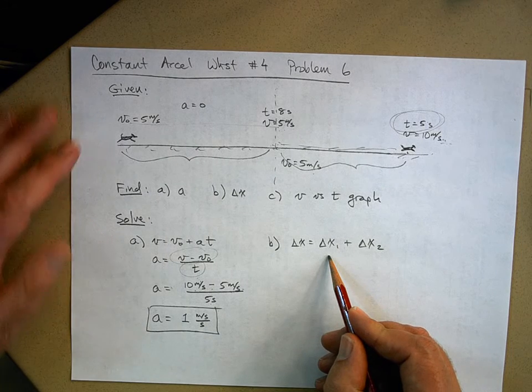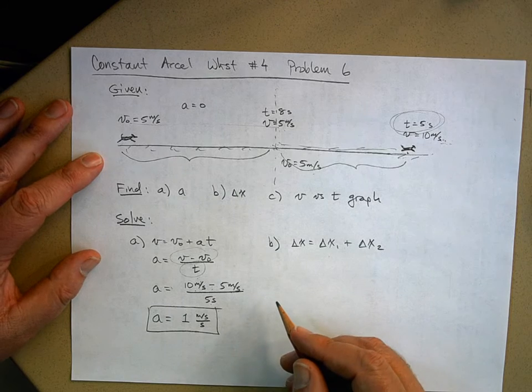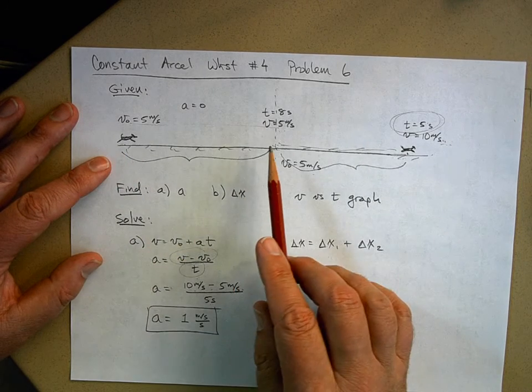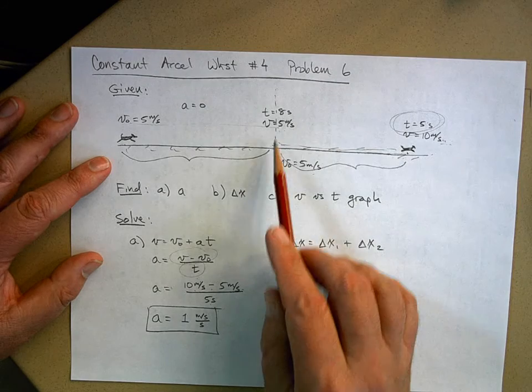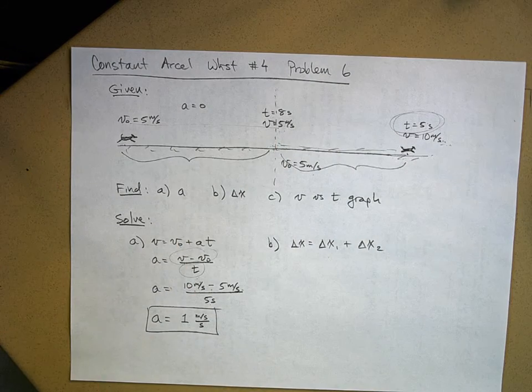Now, you could do this. Well, let me just show you. I'm going to do this the long way. I know the initial velocity. I know the final velocity. I know the time, and I want the displacement. And I know the acceleration. So I can use any kinematic equation I want that has delta x in it.